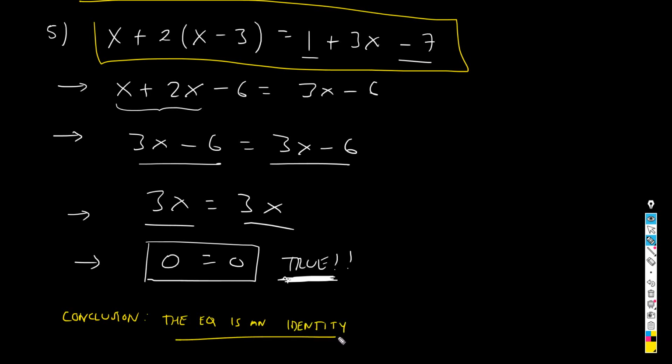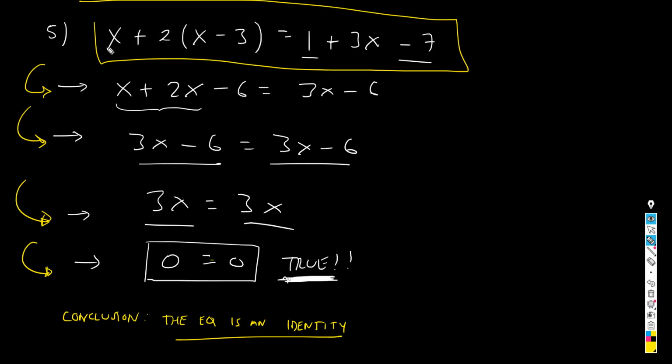Because I started here with my equation, and then by following some process, as long as my process is correct, if I arrive at a statement which is always true, no matter what, that means that my original equation was an identity, which, like I told you before, is an equation which is satisfied for any possible value of x.